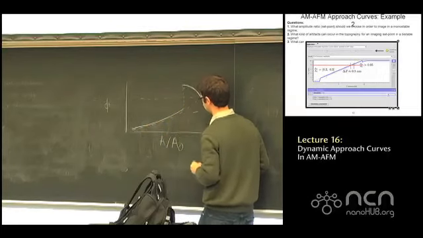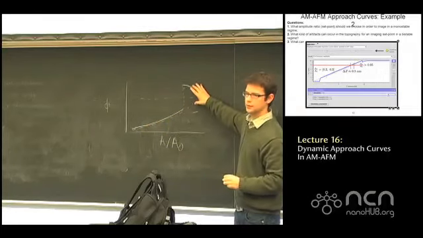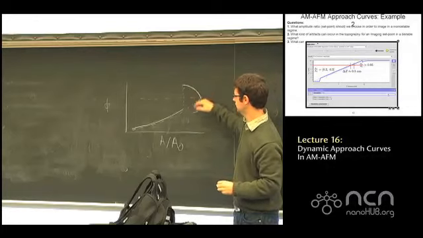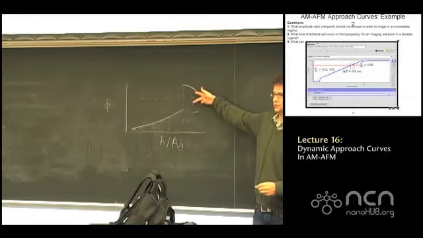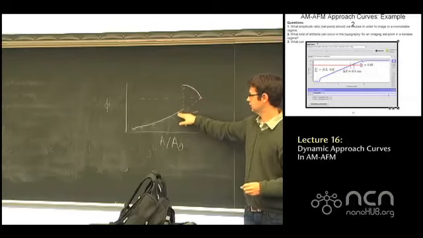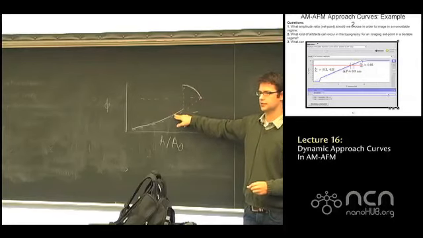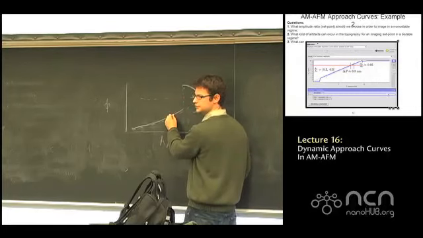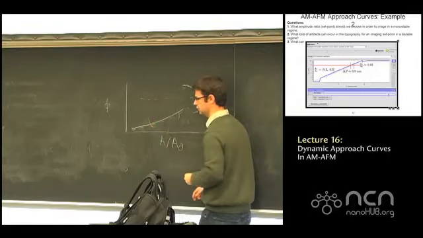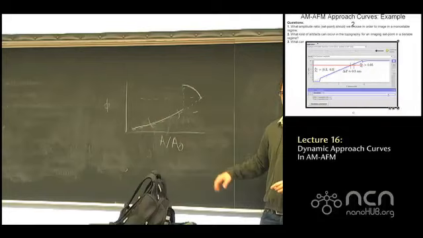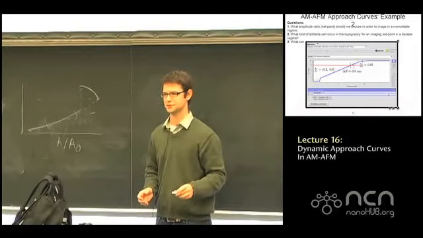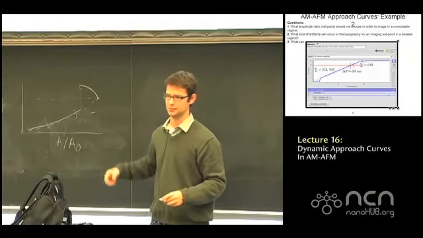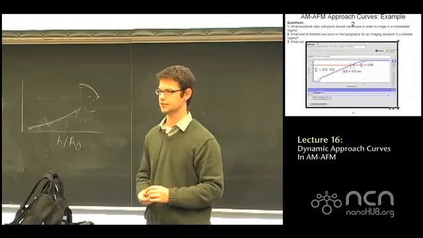So in the bistable regime, we'll have two branches which look sort of mirrored from each other, but eventually they'll join in the repulsive regime. This will have to be less than 90 degrees, and both curves from the approach and retraction should be very close to each other. It won't be perfect because it's an experiment, but in the simulation they'll be on top of each other, almost exactly.